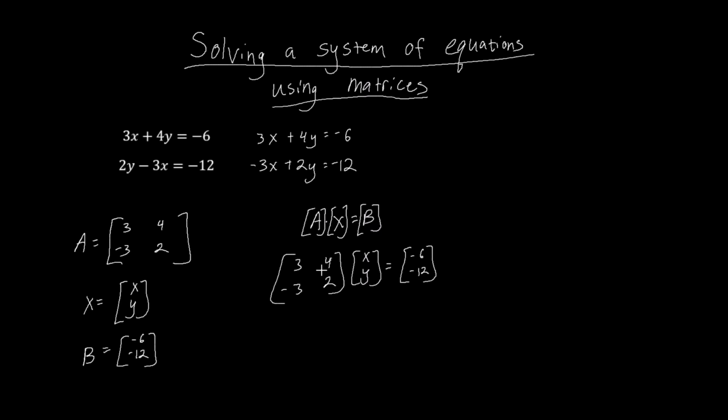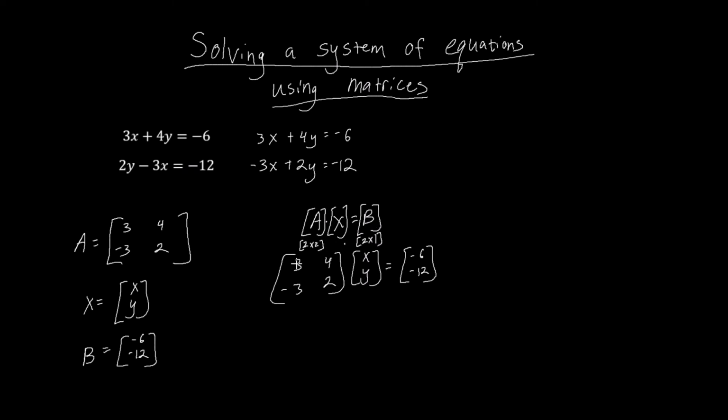First, we are allowed to multiply them because you've got a 2 by 2 being multiplied by a 2 by 1. This is allowed because the columns of the first match the rows of the second.